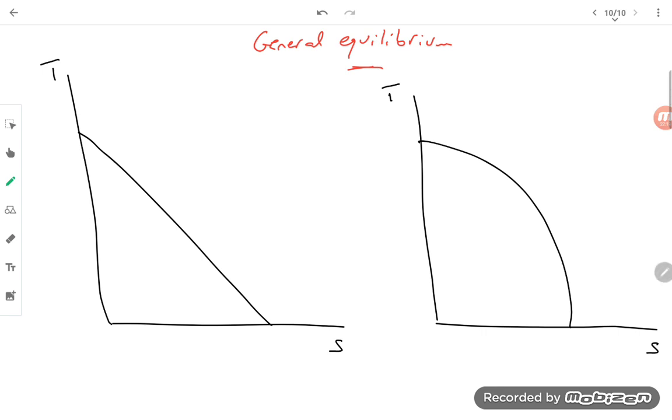As a result, this line, say EF for example, is PPF and at the same time is the price line. So what we are going to add is the community indifference curve. So this is the community indifference curve. Point of tangency is the point of general equilibrium.